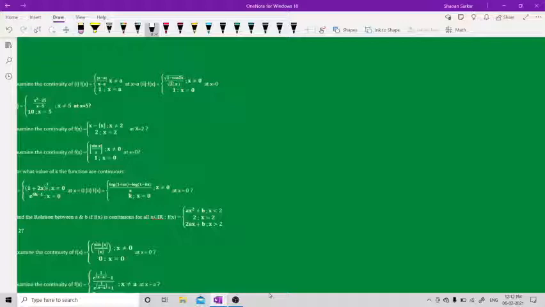Limit x tending to 0 plus, I will take (1 plus 2x) to the power of 1 upon x. Now I tell you one thing.